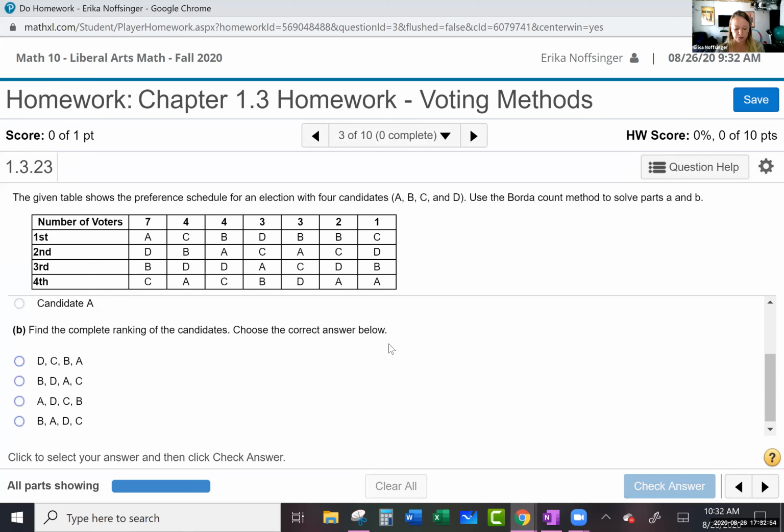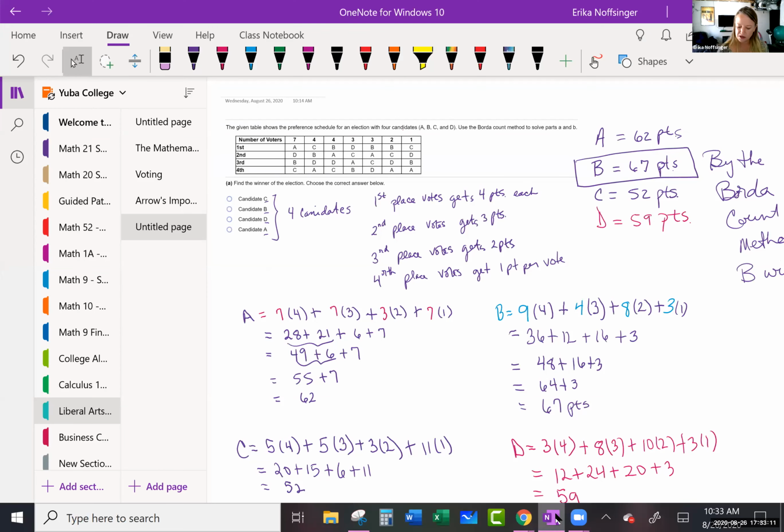Okay, so find the complete ranking of the candidates. Choose the correct best answer. So the ranking here is going to be who had the most points, which is B. Then who had the second most votes? Was it D or A? Let's go back here. So it looks like B is first.